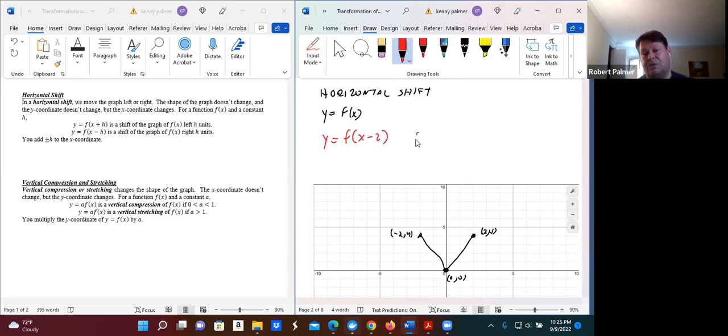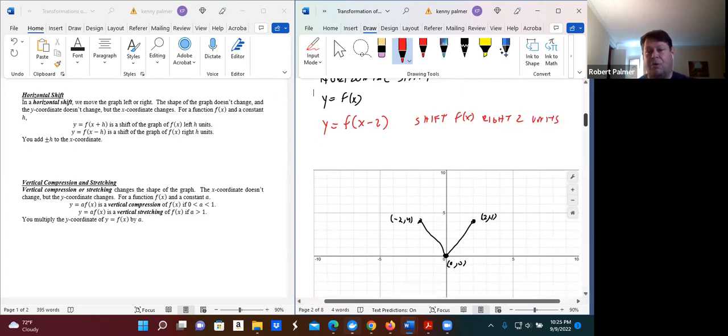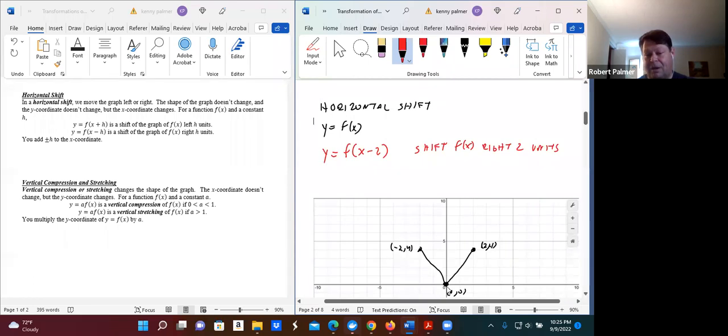Okay, so what this is going to do is shift the original graph f of x right 2 units. Let's do that. Once again, what that will do for our coordinates, for our points on the graph, is essentially add 2 to each one of our x coordinates. So point 0, 0 will now be at 2, 0.